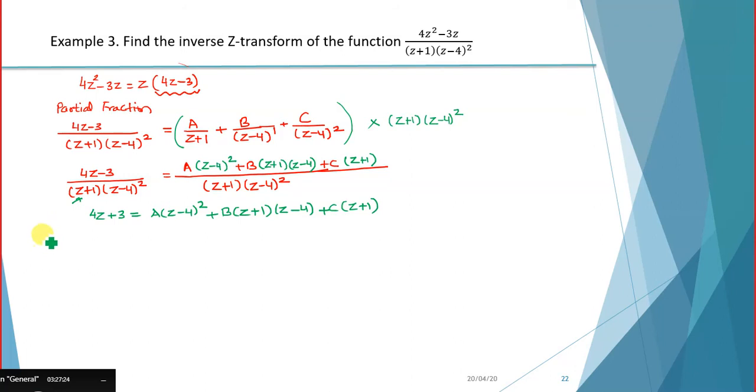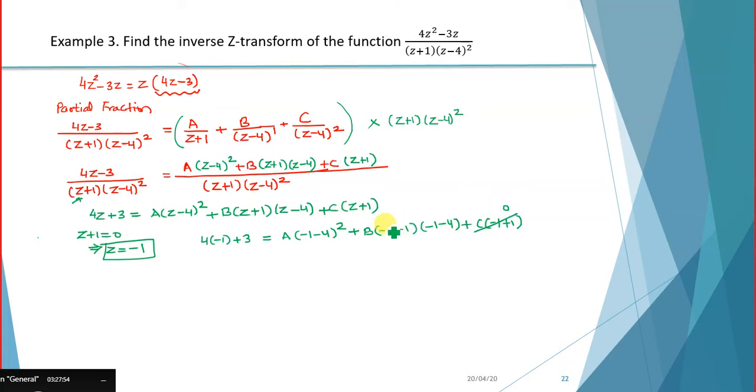So taking it from here, z plus 1 equals 0 gives z equal to minus 1. When we substitute it here, 4 times minus 1 plus 3 equals A times (minus 1 minus 4) squared plus B times (minus 1 plus 1)(minus 1 minus 4) plus C times (minus 1 plus 1).